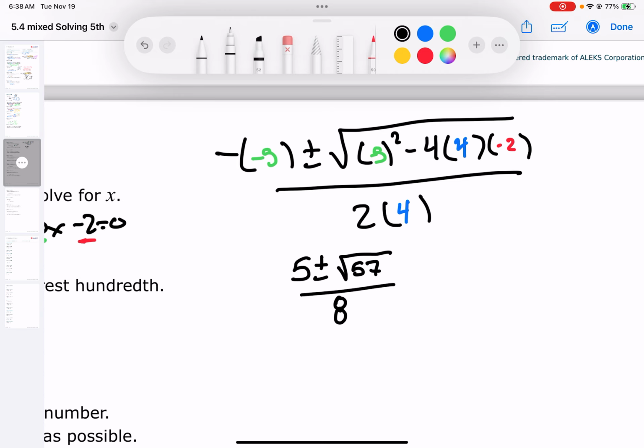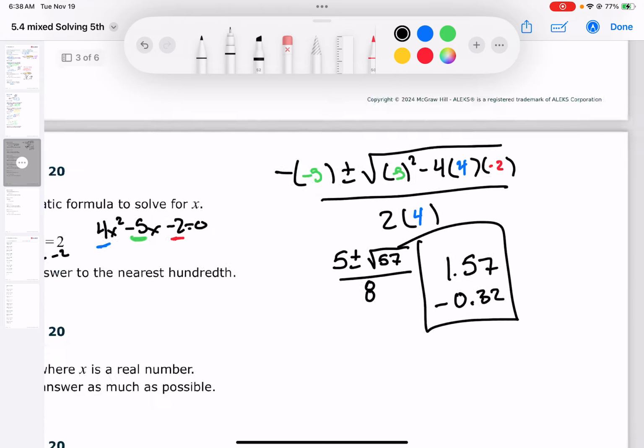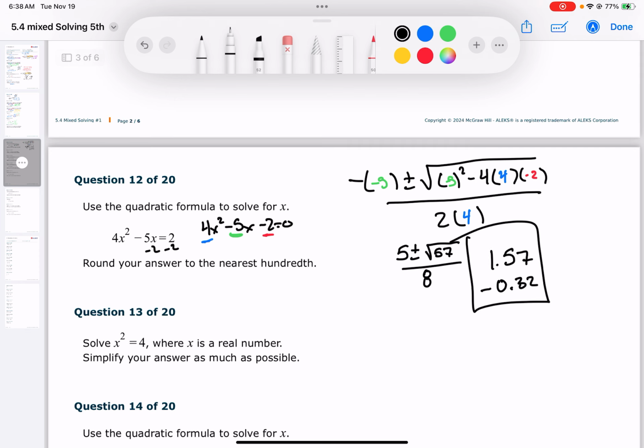If not, it'll divide the square root by 8 and not the 5. So it gives me 1.57. And then I'm going to go up and I'm going to change. Divide by 8. And negative 0.32. So those are my two solutions. Which one is this? 12. Okay. All right.